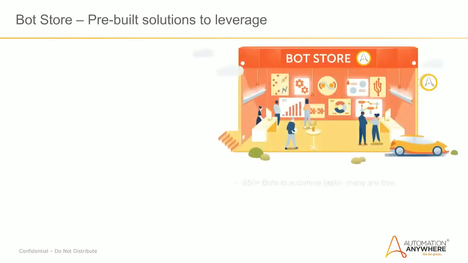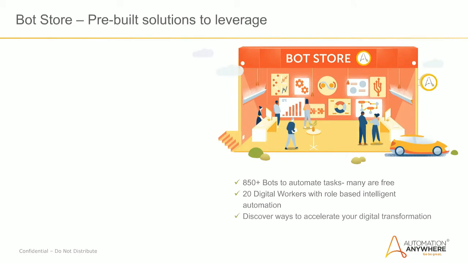So I want to expand on the topic of reuse by talking about the bot store. So hopefully you've all heard of the App Store. Well, this is the Automation Anywhere equivalent, the bot store. I think as it stands at the minute, we've got circa 850 bots that are ready to download, and I'll give you guys a demo of the bot store shortly.